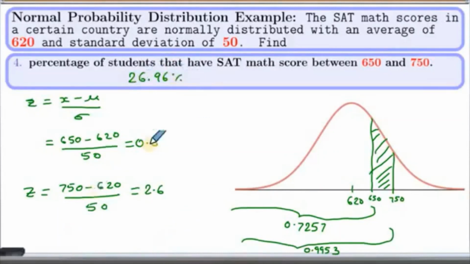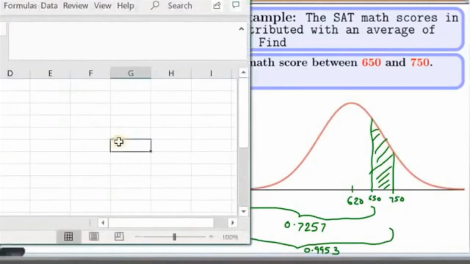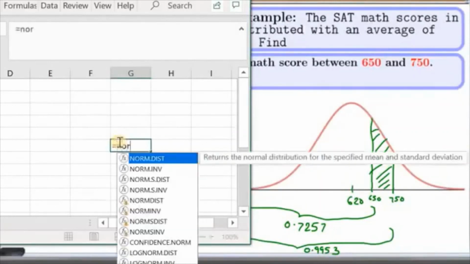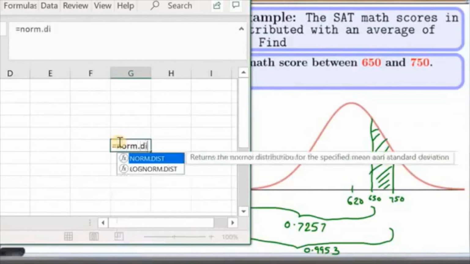Now, let me show you how to get this area in Excel. For that, let me pull up my Excel here. Let's try to find the area to the left of 650. You will be typing in equals, then norm dot dist, then put your parentheses.